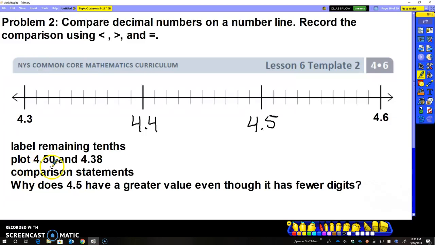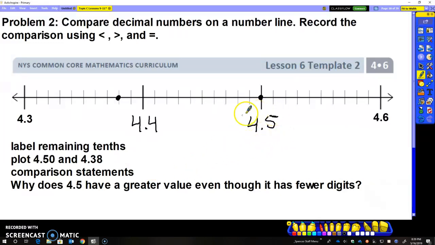Alright, if we plot 4.5, it would be right there. If I think about 4 and 38/100, I'm down here. And it asks me, well, why is 4.5 greater than 4 and 38/100, even though it has fewer digits? Well, it's not about the digits, right?